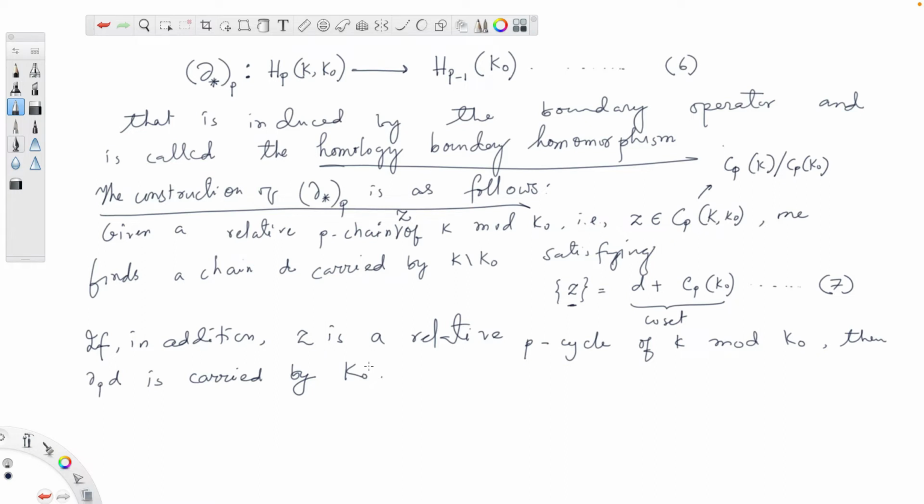This follows from the definition of relative p cycle.